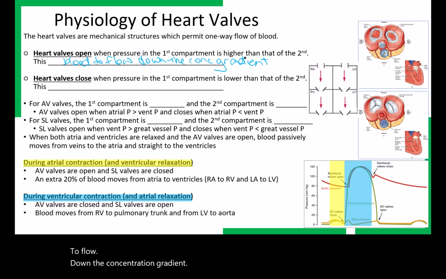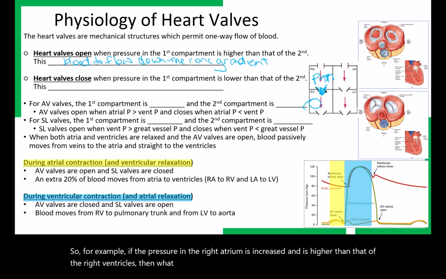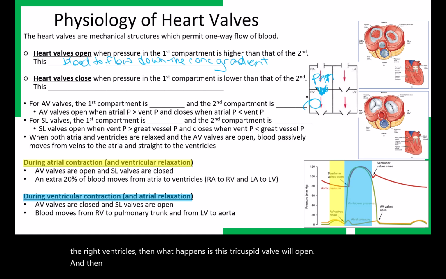So for example, if the pressure in the right atrium is increased and is higher than that of the right ventricle, then this tricuspid valve will open. And then when the ventricle starts contracting, the pressure in the right ventricle will increase.